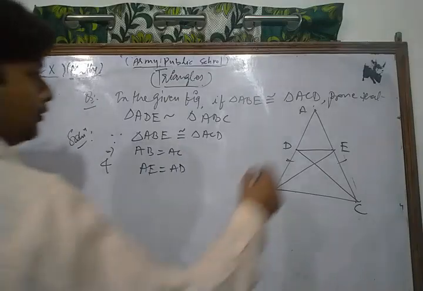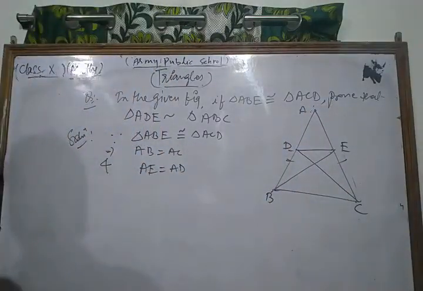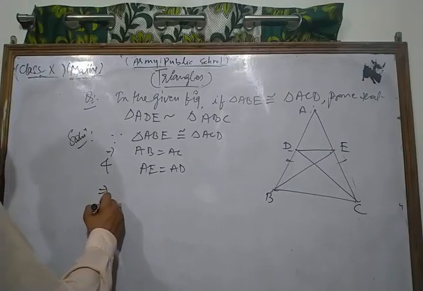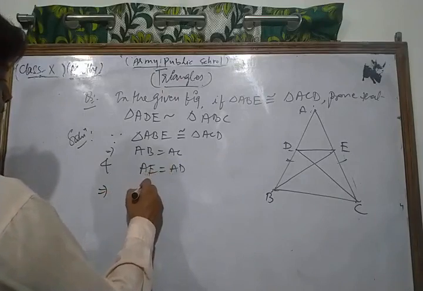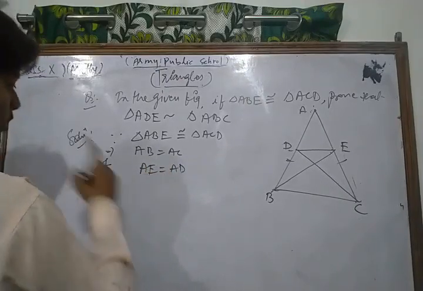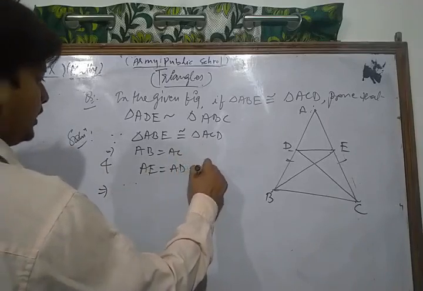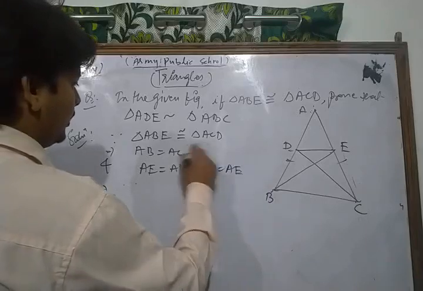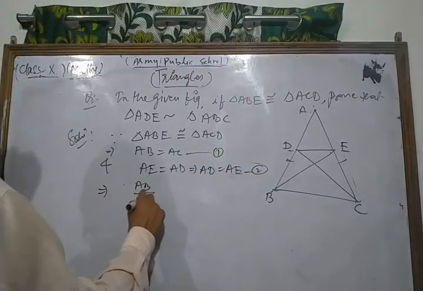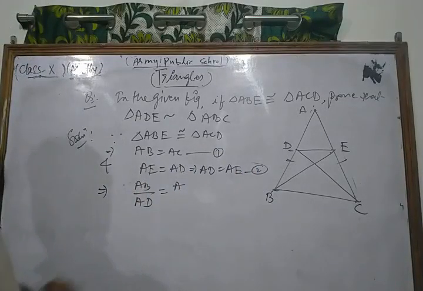We have to show that ADE and ABC are similar. Now, so we can write, dividing them, AB upon AD is equal to AC upon AE.